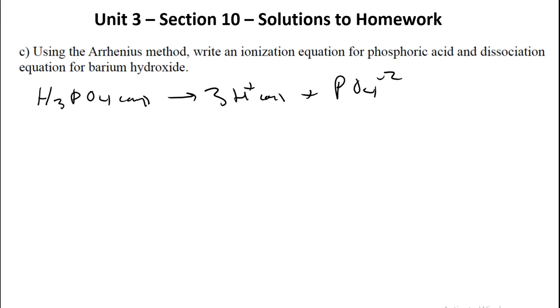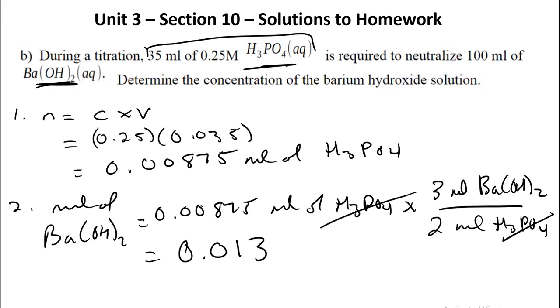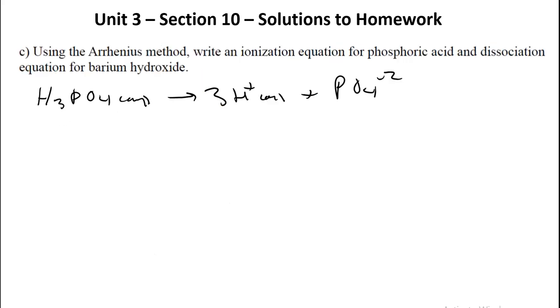So jumping back to our question, what was actually our concentration? Our concentration of our acid was 0.25. So coming back to here, if this is 0.25 molar, then it's got to be 3 times as big here. It's got to be 0.75 molar.